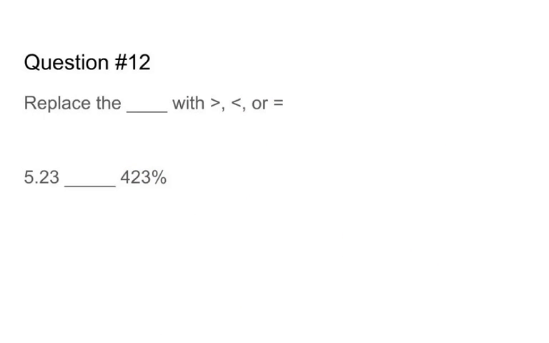Question number 12. Replace the blank with greater than, less than, or equal to. Go ahead and choose your answer. In this problem, you have to pay attention to this is 423%. So 5, yes, of course, is less than 423.